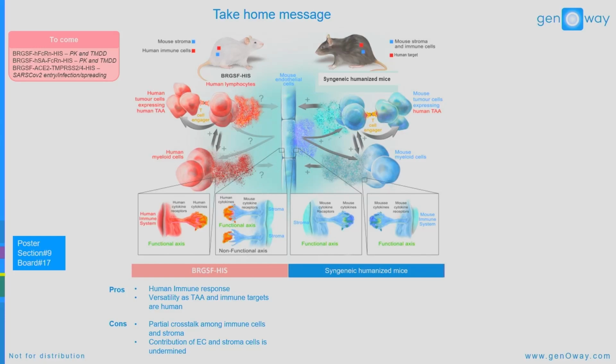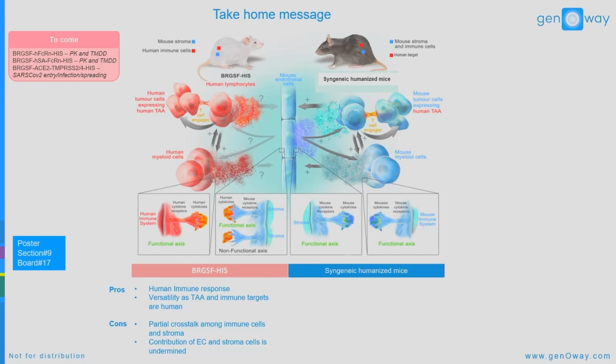They could be a very valuable tool, as shown for the Vista knock-in mice. Here, the whole crosstalk will be functional. We no longer have to worry about stroma or whatever. That works, as long as you have properly validated that your human gene functions in mouse cells and that it doesn't modify interaction with other partners.